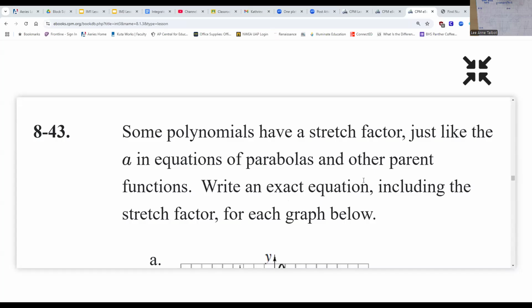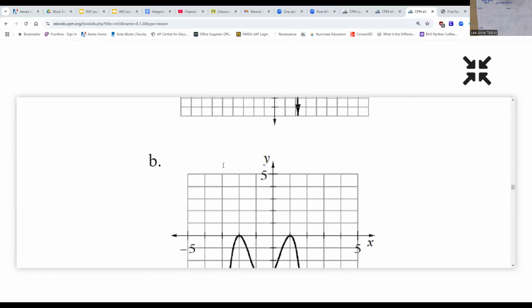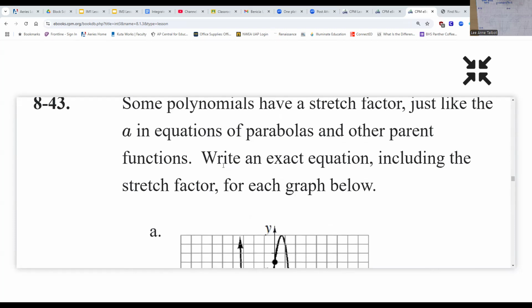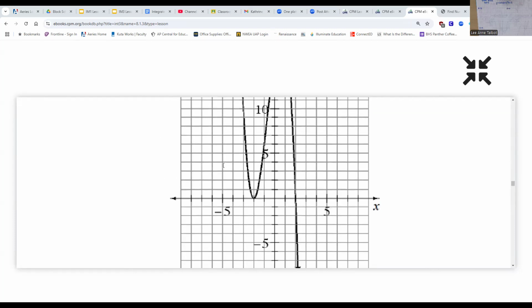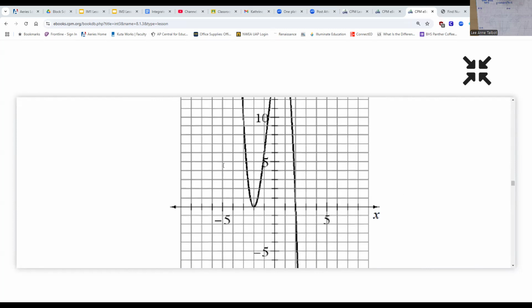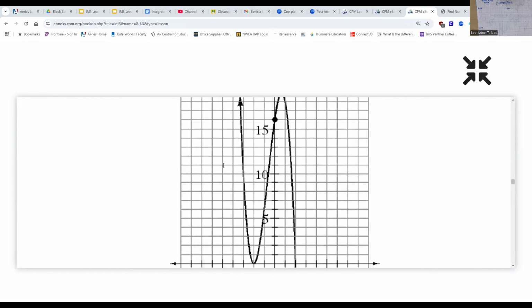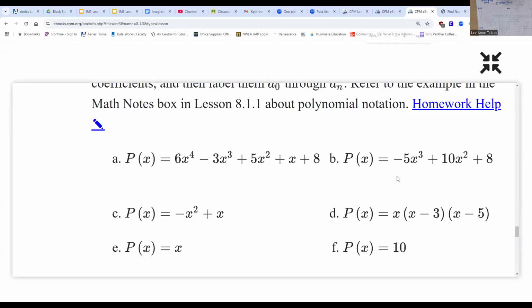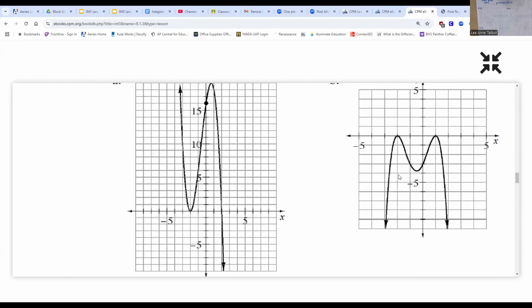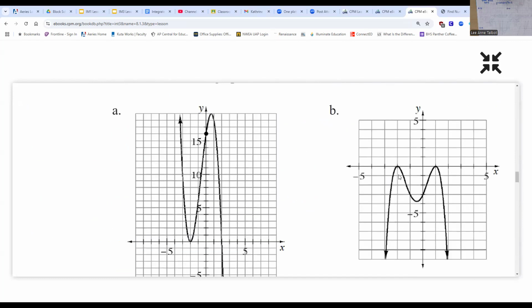Some polynomials have a stretch factor, just like A, and we know this. Okay, 43.